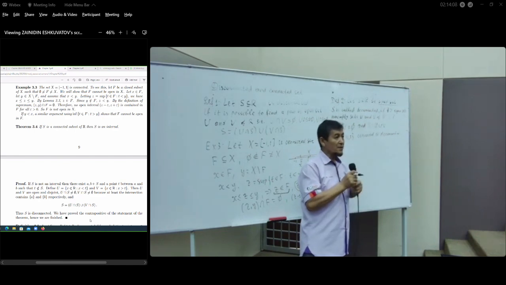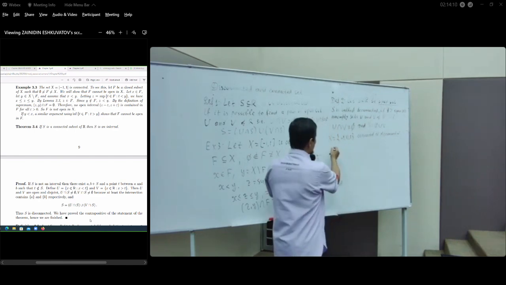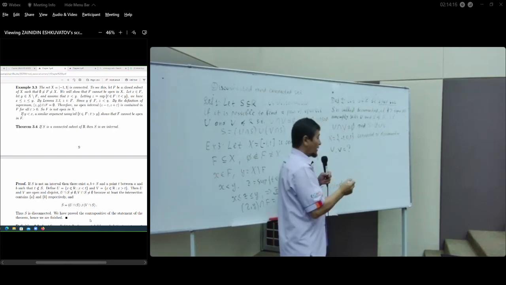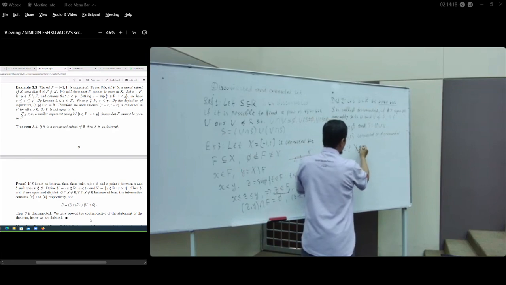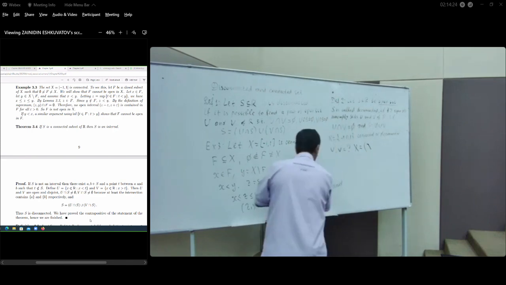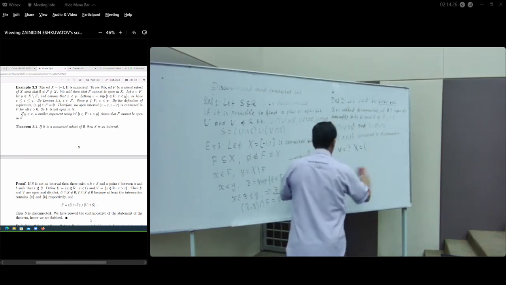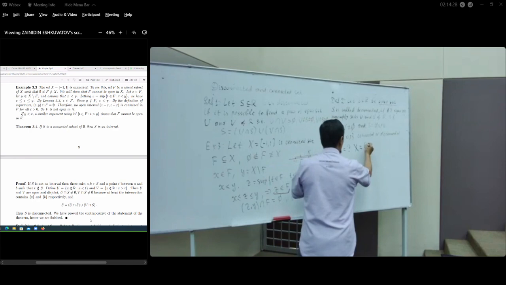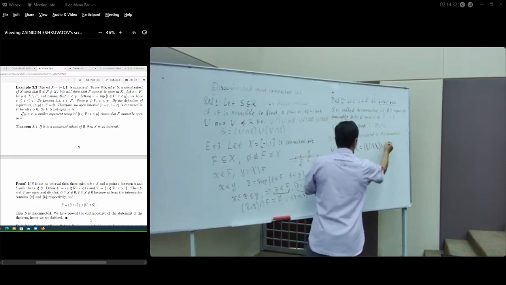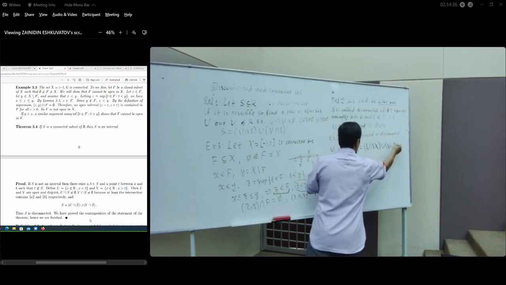If it is a disconnected set, how do we construct U and V such that X can be written as the intersection of U with X union the intersection of V with X?